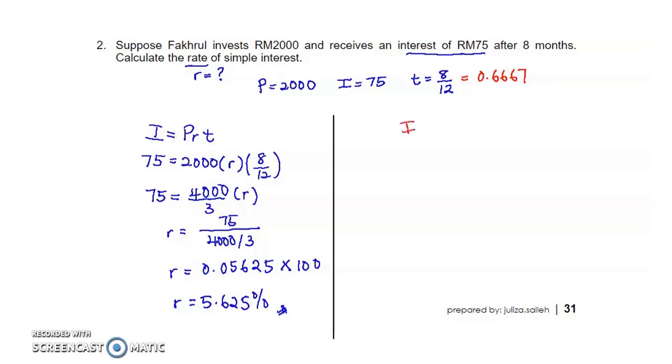So I equals PRT. The interest just now is 75 ringgit, P is 2,000 ringgit, you want to find R, and then T is multiplied by 0.6667.